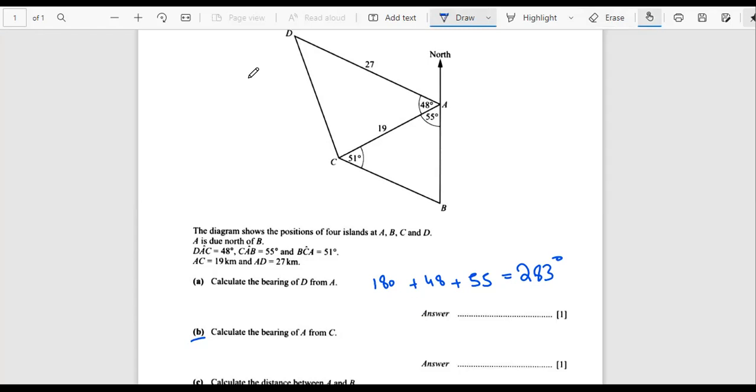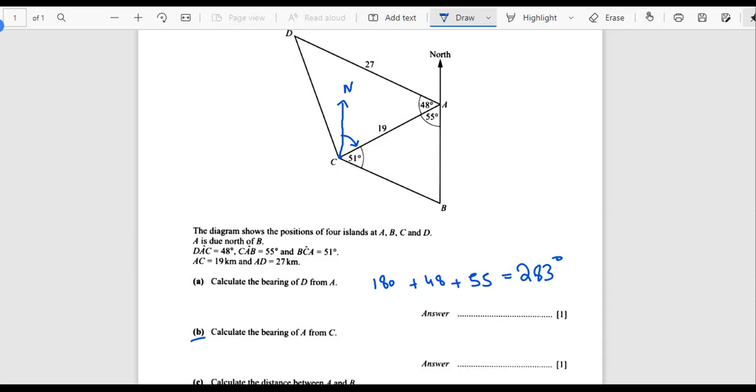Okay. All right, let's do it together. So, right. Okay, let's see. It says calculate the bearing of A from C. From C means I need to make the north on C. This is north, and this is going to be the angle.